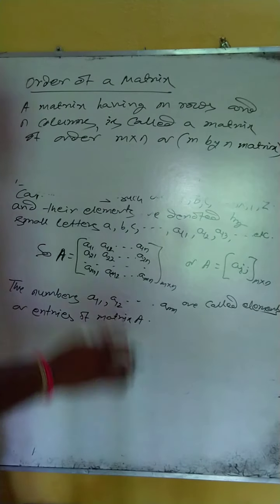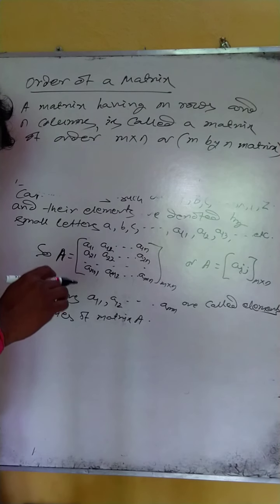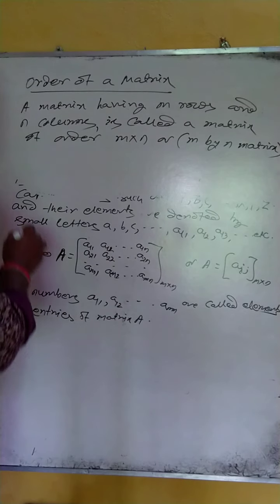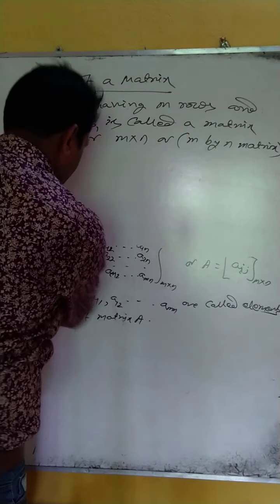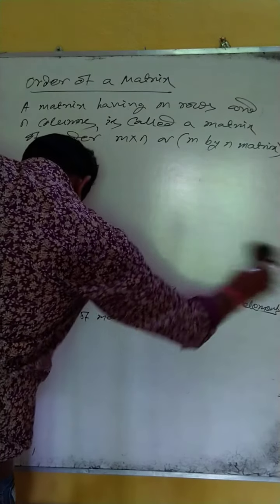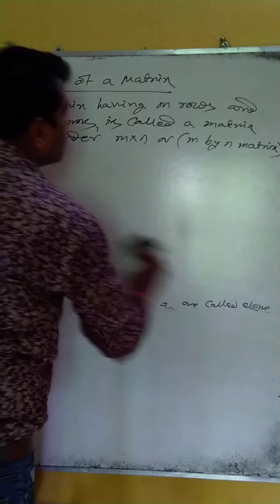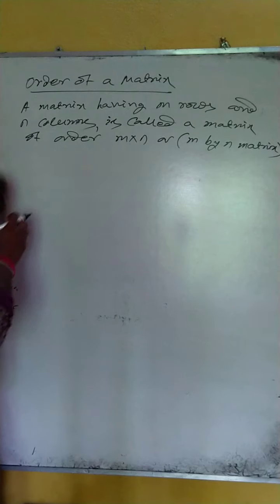If it has m rows and n columns, it is called a matrix of order m cross n or m by n.